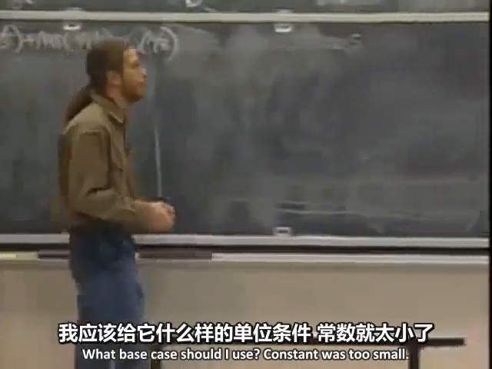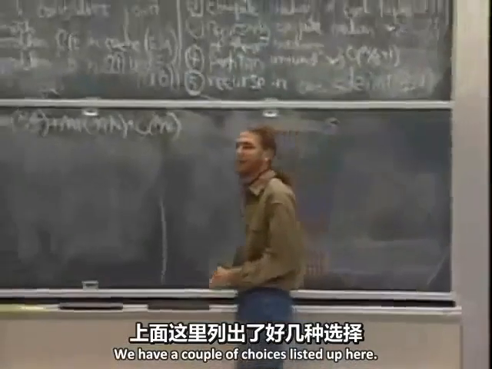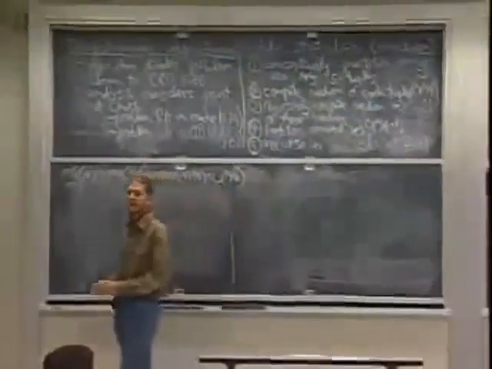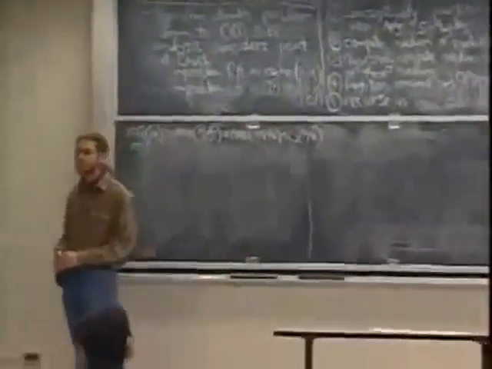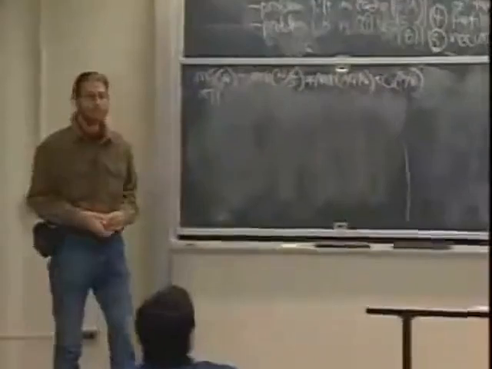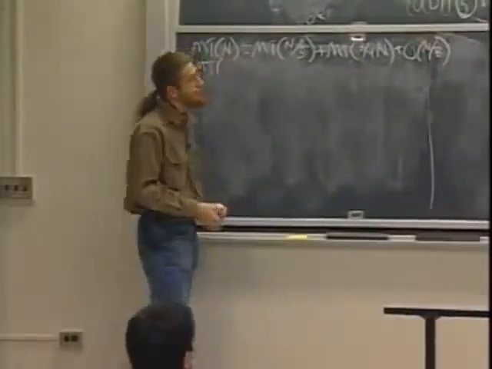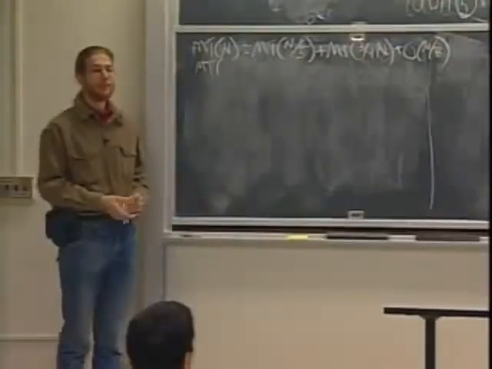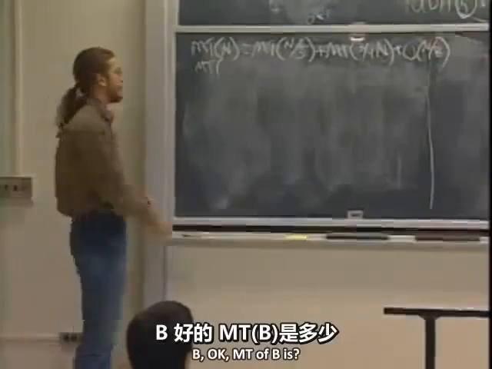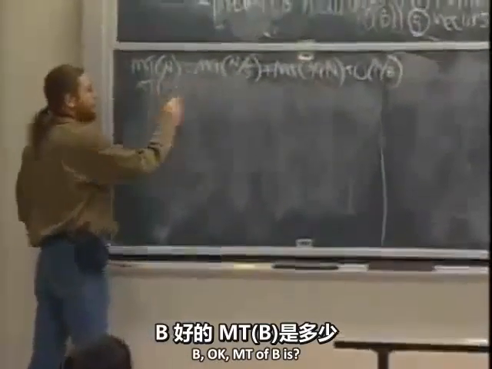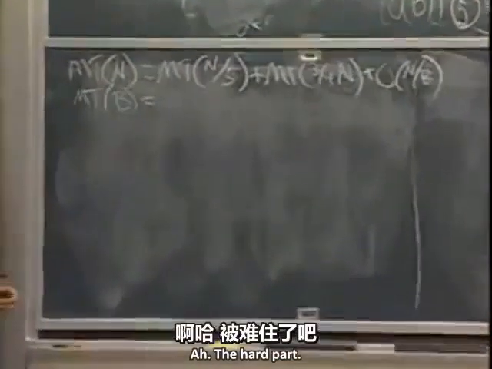Constant was too small. We have a couple choices listed up here. Any suggestions? B. Okay, M T of B is the hard part.